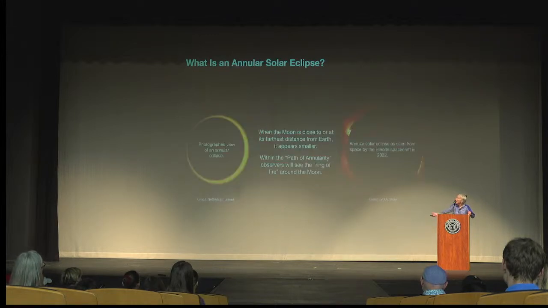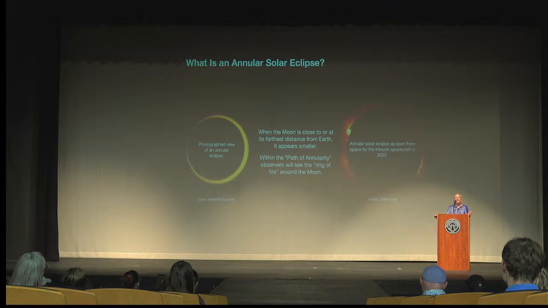And that kind of brings up this question: what's the difference between an annular eclipse and a total eclipse? In this case, the moon is not at its average distance, it's a little bit farther away or at its farthest point, so it looks smaller, and it doesn't completely cover the face of the sun.